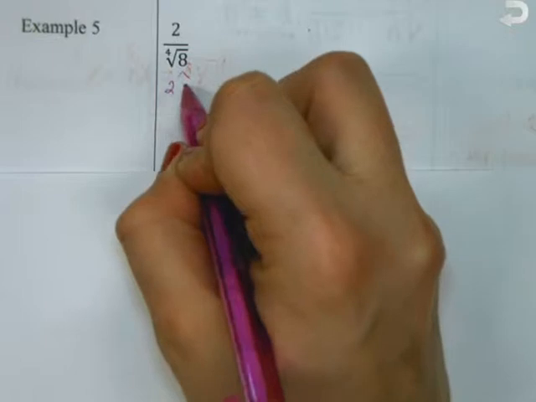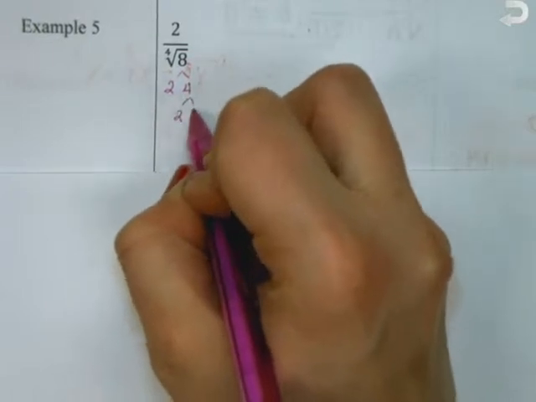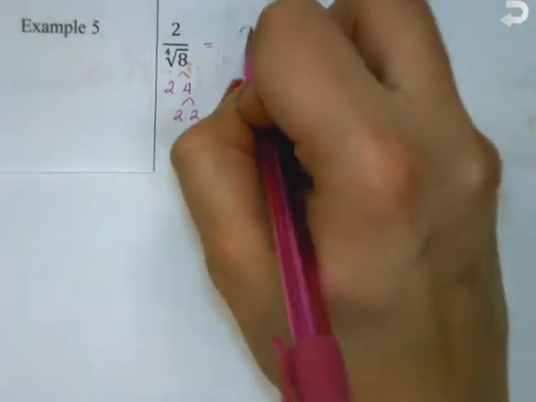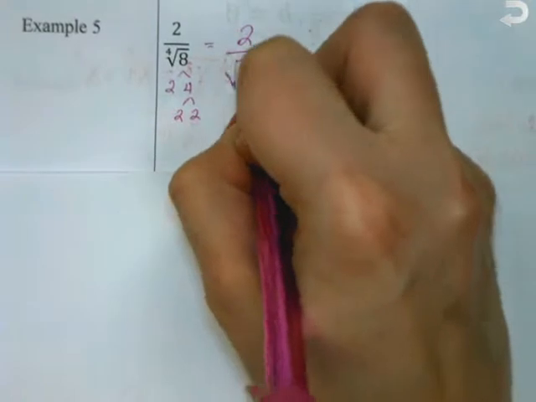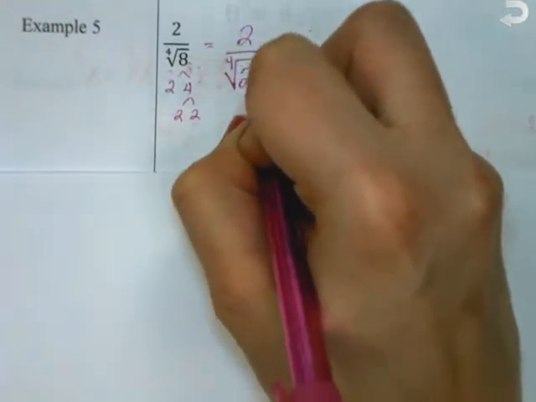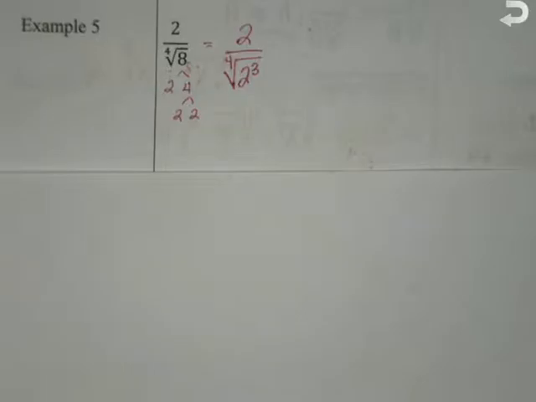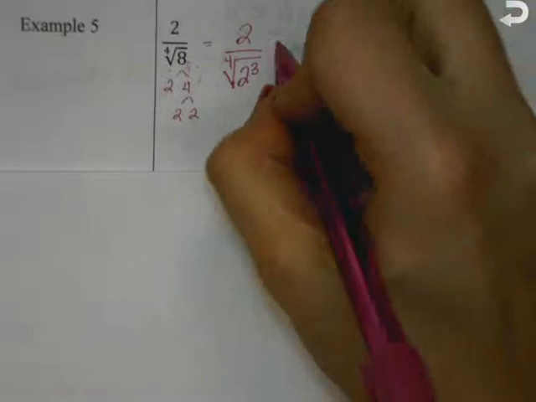So this is the same as 2 over the 4th root of 2 to the 3rd. If I have a 4th root, how many 2's am I missing? 1. So let's multiply by the 4th root of 2.